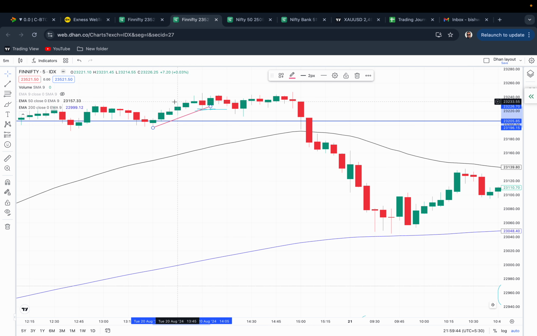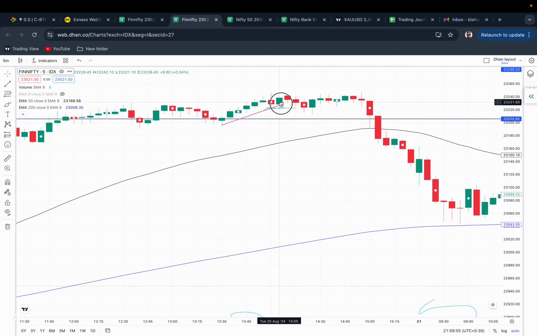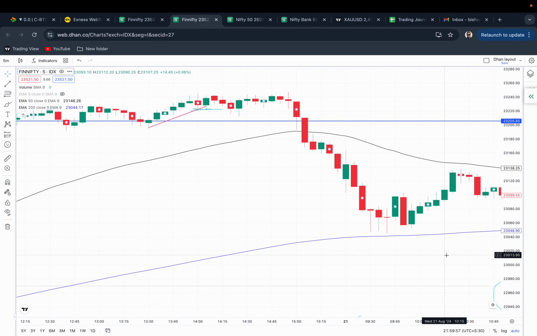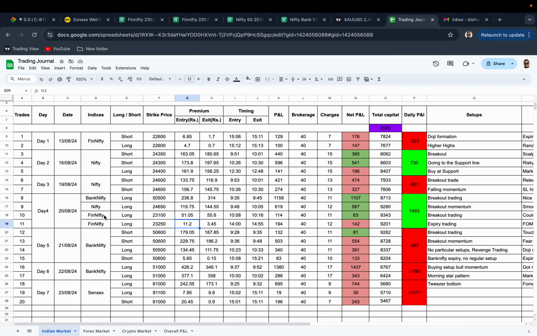I didn't get that much of a setup that I am used to, but with this expiry day, the market came down and it took all of my money. So yeah, these were the trades on day 4, and the overall PNL was on the green side.